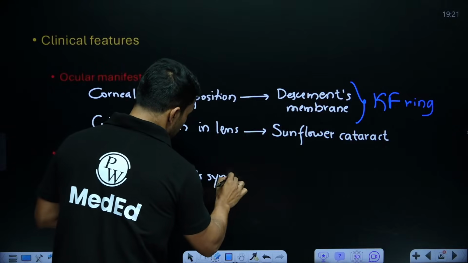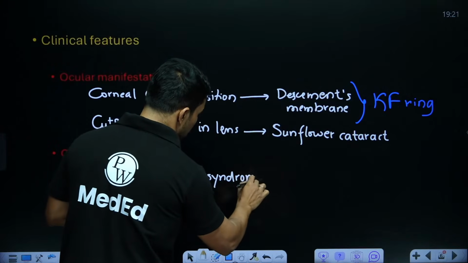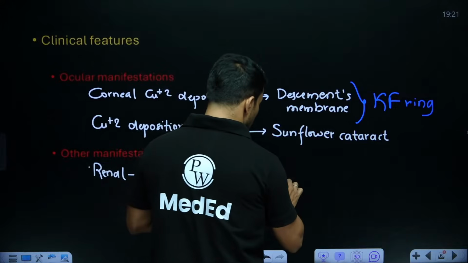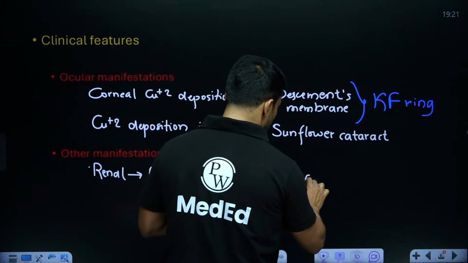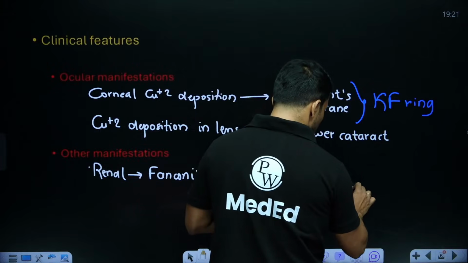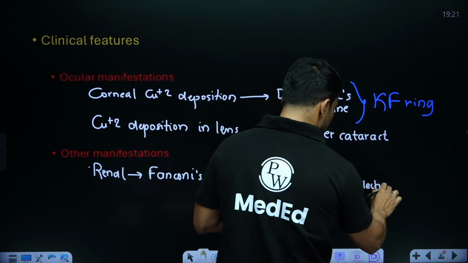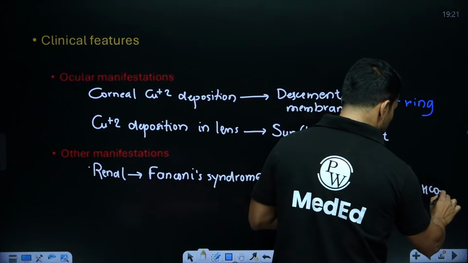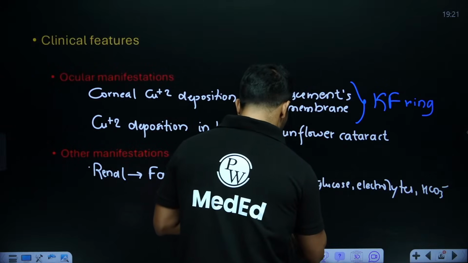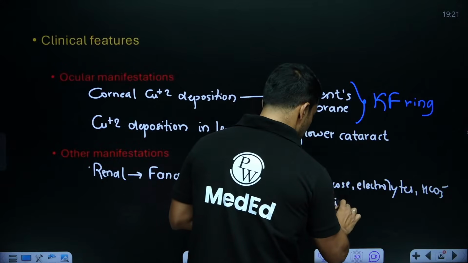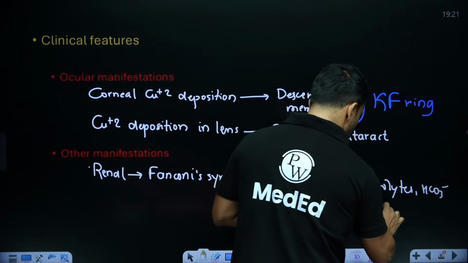So the renal manifestation of Wilson disease can present as Fanconi syndrome, where patients will have loss of glucose, electrolytes, bicarbonate and amino acids in urine.